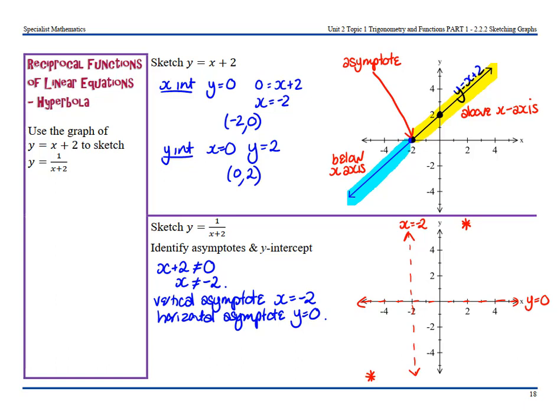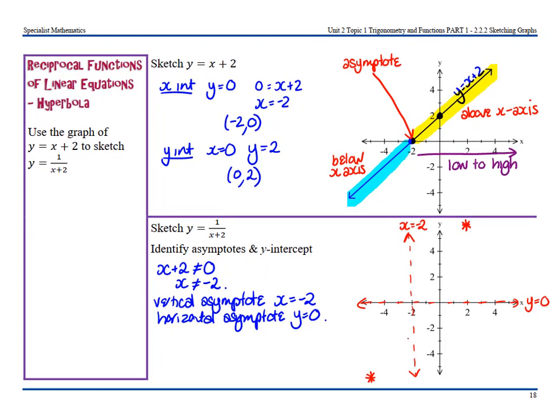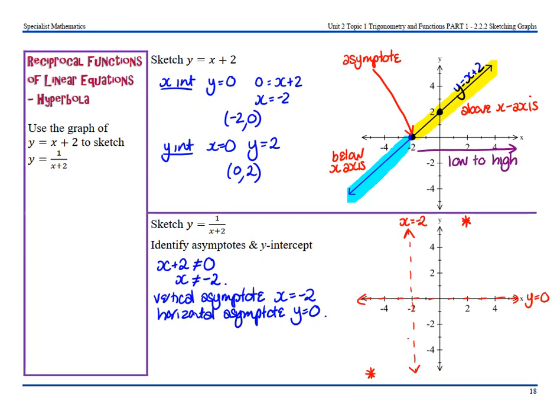Another thing to look at is if we look at our y values to the right of our x-intercept, we are going from low to high. If we look at our y values to the left of our x equals negative 2, they're going from low to high.